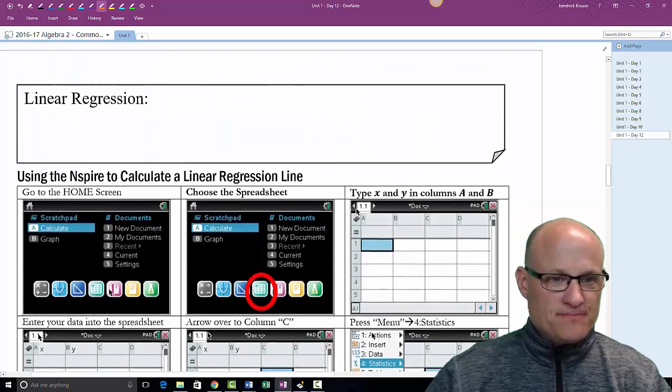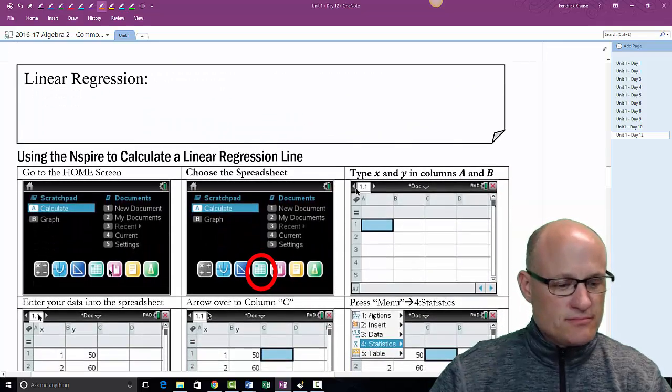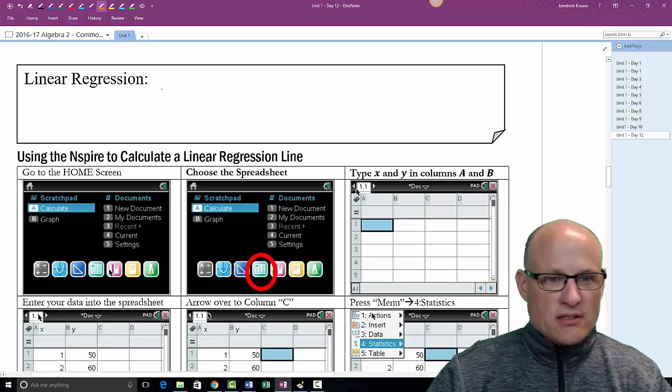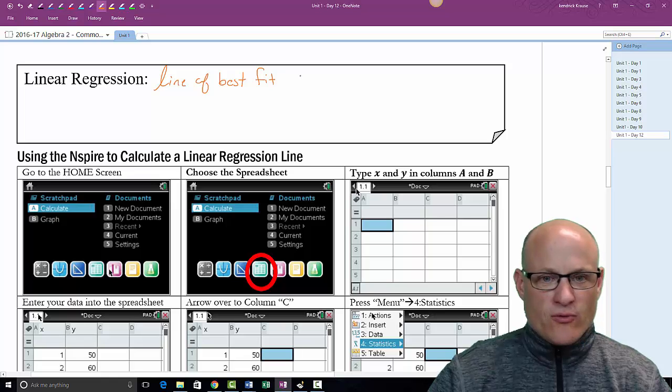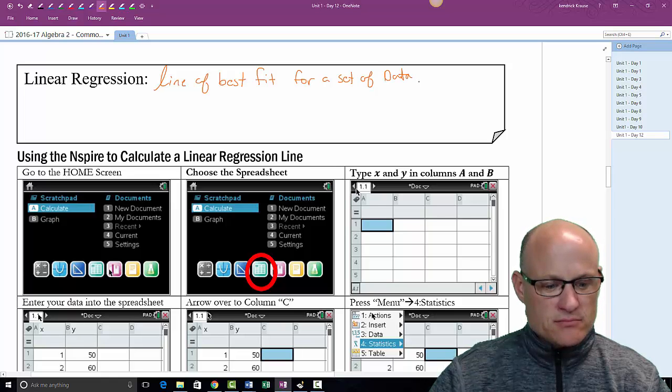Linear regression. We're trying to find the line of best fit for a set of data.